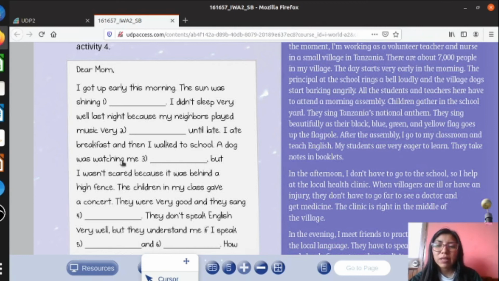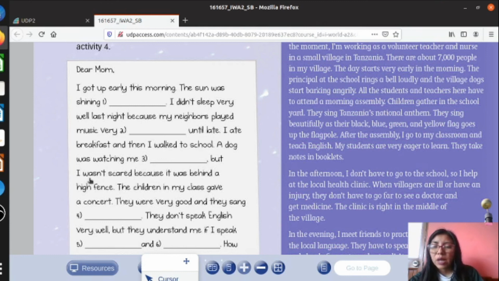El perro me estaba viendo enojadamente, okay? That is the meaning of ly. Okay, in this case, my neighbors played music very loudly. In this case, loudly, alto. Loud, alto. Loudly, altamente. Podría ser more or less the meaning, okay? Para que se dé una idea.